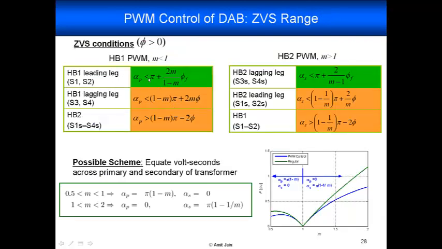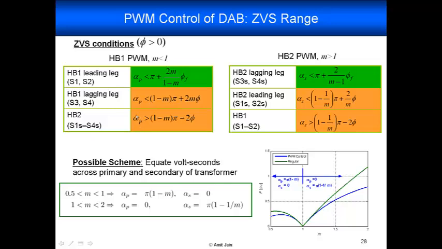Okay, so if we rewrite the conditions in terms of this extra phase shift that we introduced, alpha p, then the expressions come out to be like this. The important thing to note here is that S1 and S2 always have ZVS, and there is a trade-off between getting ZVS for the lagging leg of HB1 and increasing the ZVS range for the secondary side bridges.